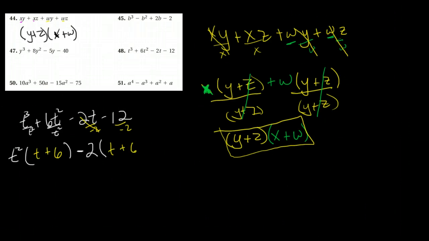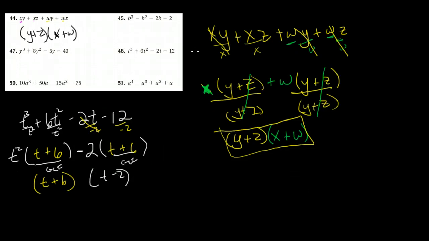And so I now have two terms, and those terms share a common factor, and that common factor is t plus 6. And when I divide that common factor out from each term, when I divide out the GCF from both terms, I'm left with t minus 2.